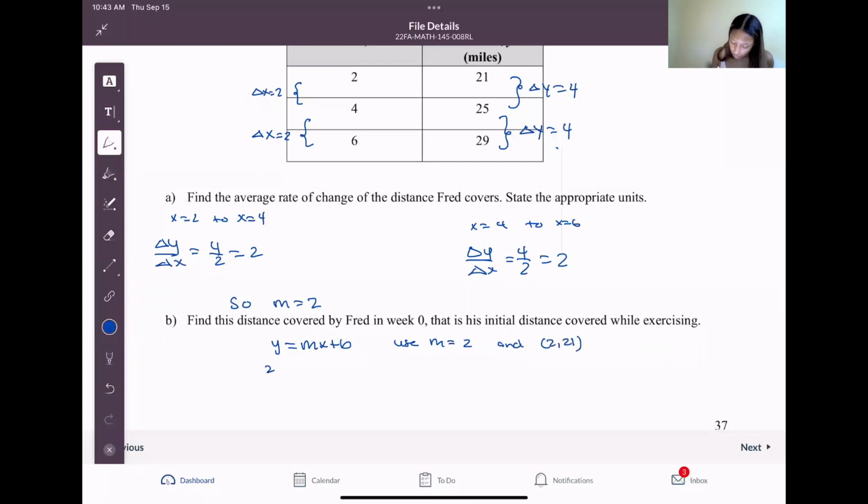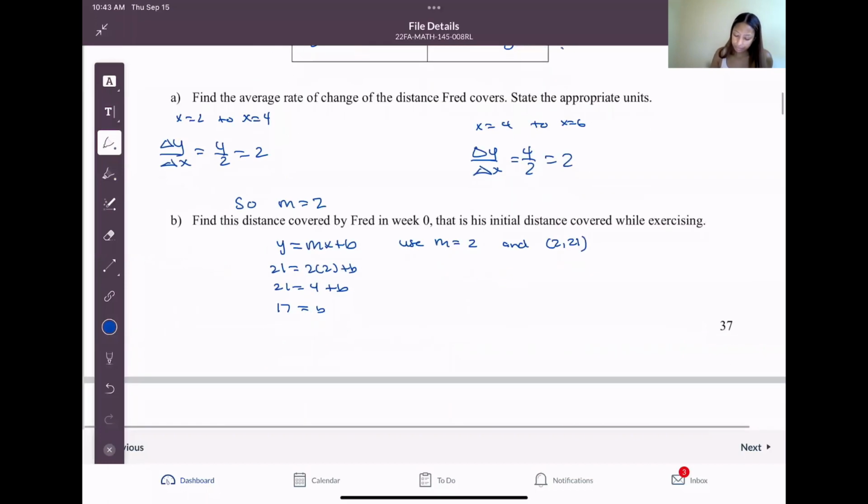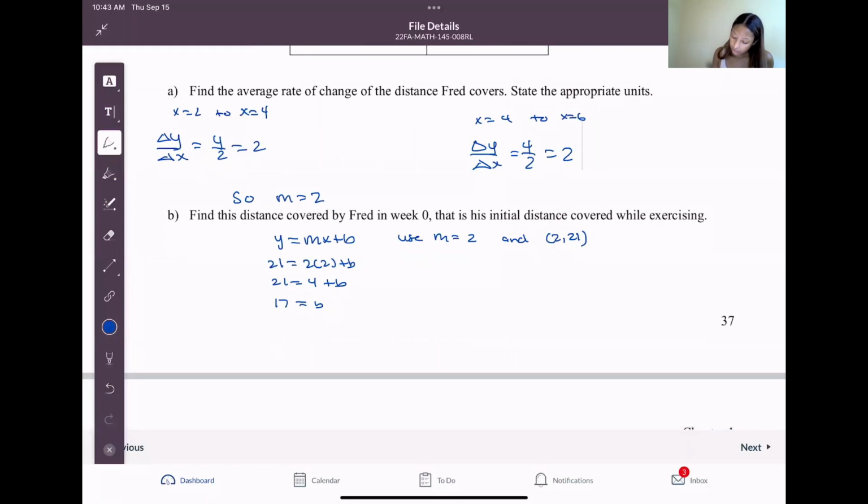That gives us 21 equals 2 times 2 plus b. 21 equals 4 plus b. And subtracting 4 gives us 17 is b. So his initial distance was 17 miles.